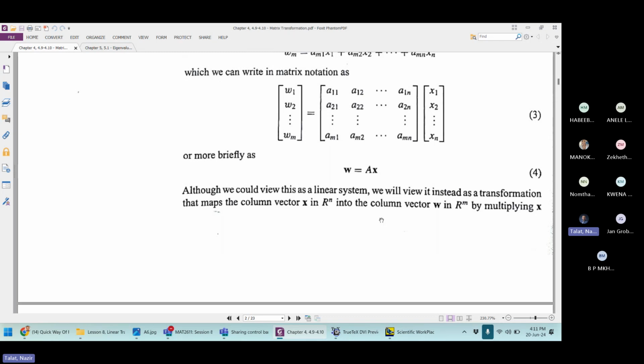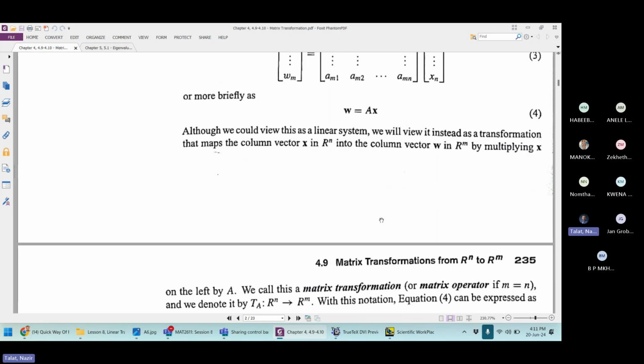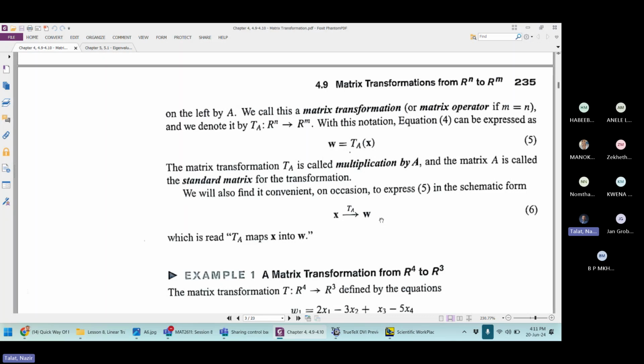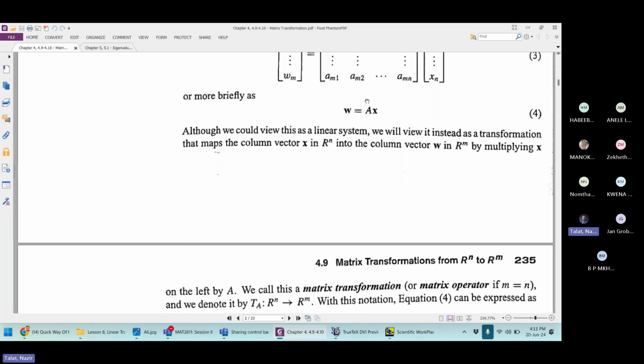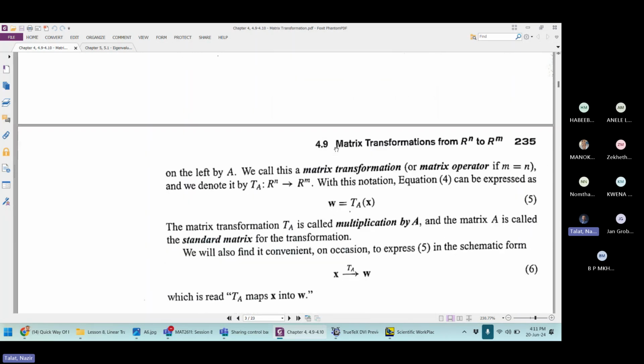So this is called a transformation that maps the column vector x in Rn into the column vector w in another vector space Rm. So this is the idea. We just call this A a matrix. If we call this A an operator, or a matrix transformation, then it takes the element x and moves it to another space, which is w, a vector of Rm.